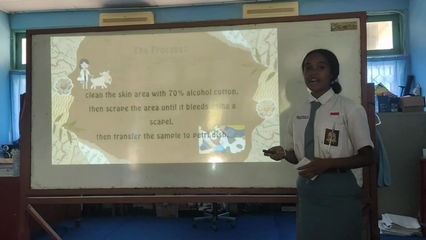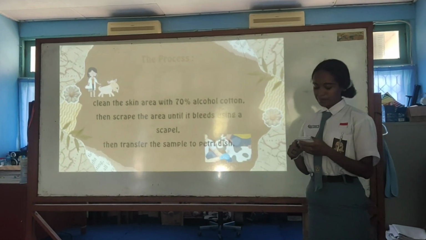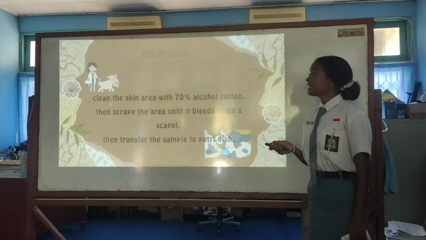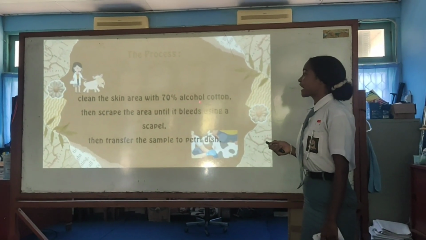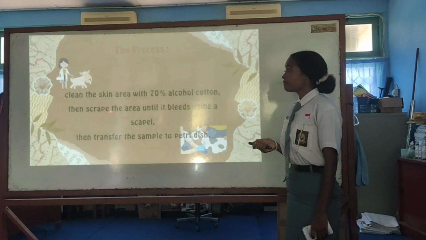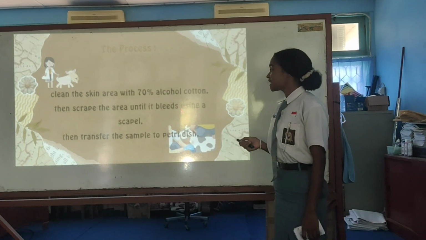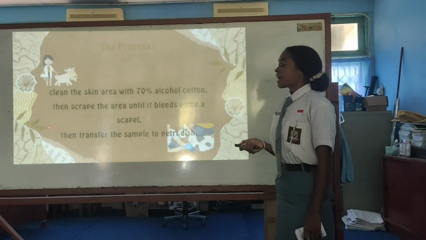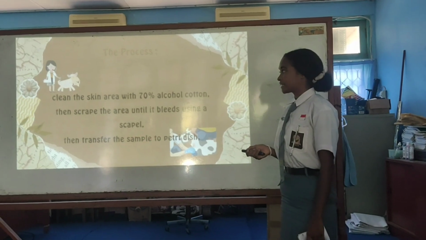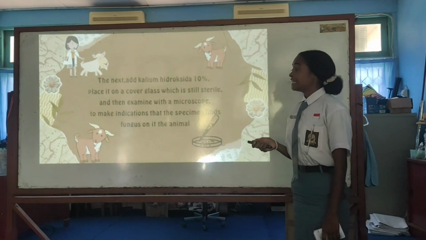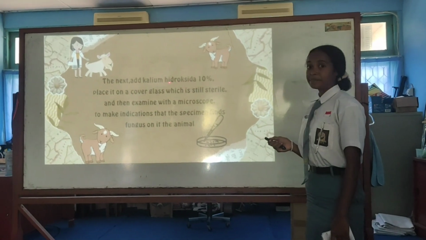The following are the steps for the process. First, clean the skin area with 70% alcohol cotton. Then, scrape the area until it bleeds using a scalpel. After that, transfer the sample to a petri dish. Next, add calcium hydroxide 10%.